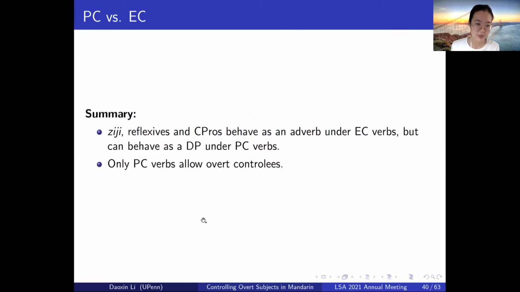So to sum up, we show that 自己, reflexives, and complemented pronouns behave as an adverb under control verbs, but can behave as a DP under partial control verbs. So this indicates that only partial control verbs allow overt controlees.